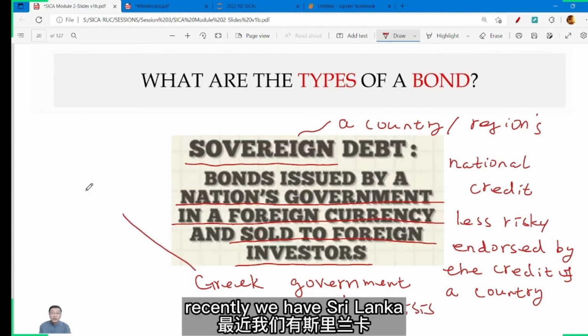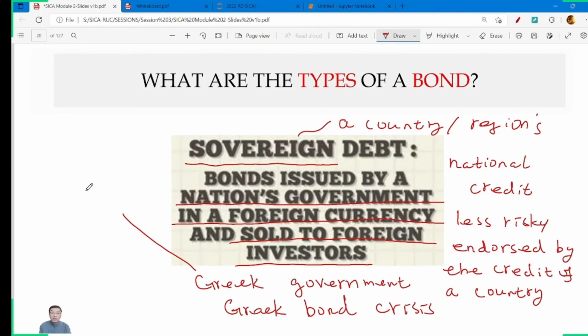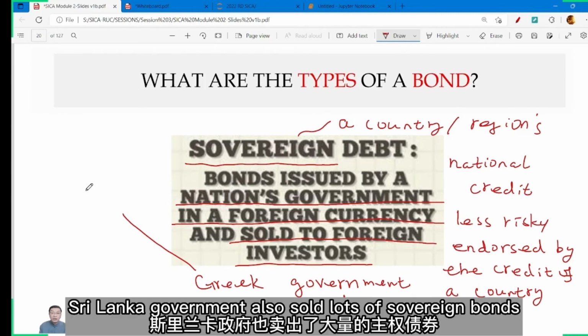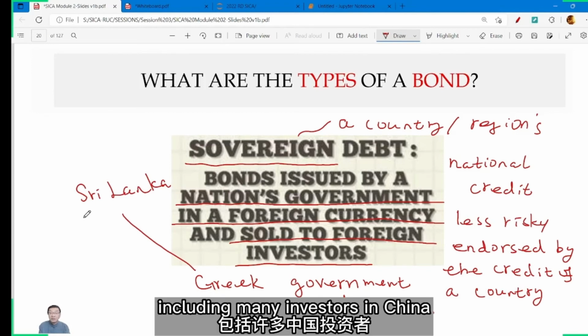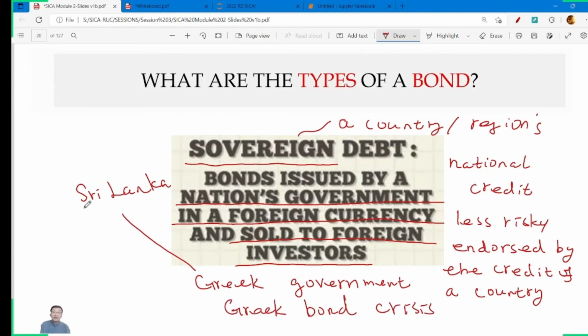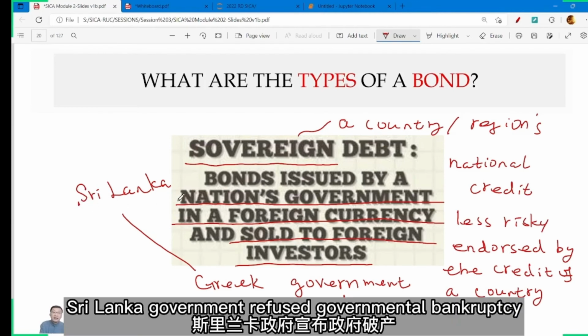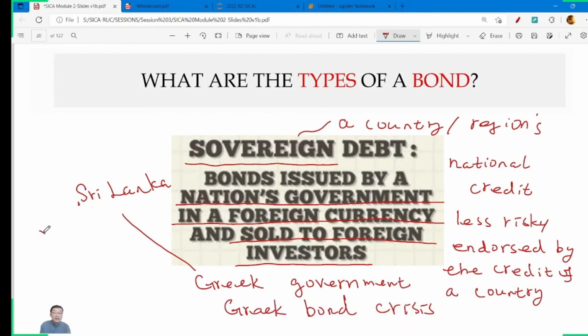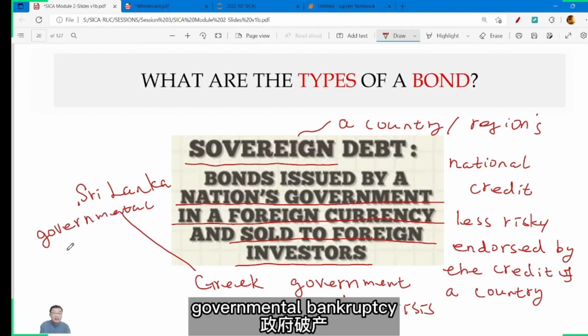Recently, we have Sri Lanka. The Sri Lanka government also sold lots of sovereign bonds to foreign investors, including many investors in China. And recently, the Sri Lanka government declared governmental bankruptcy.